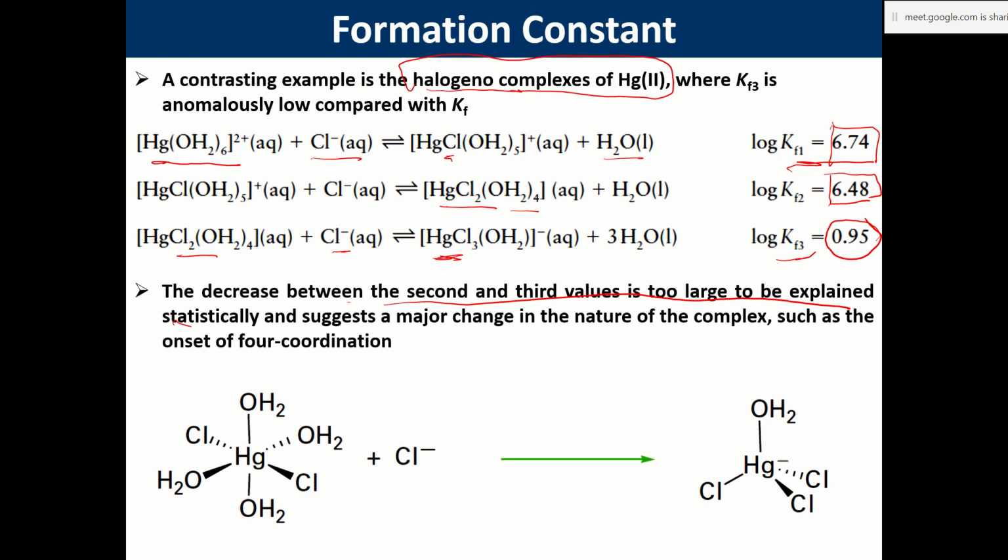The geometry of the complex changes from an octahedral to a tetrahedral structure, and that's why the formation constant undergoes a sharp change.